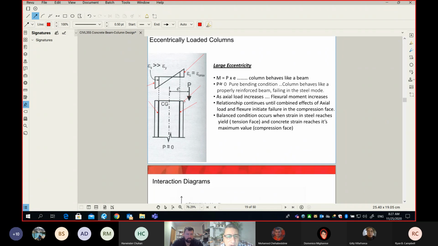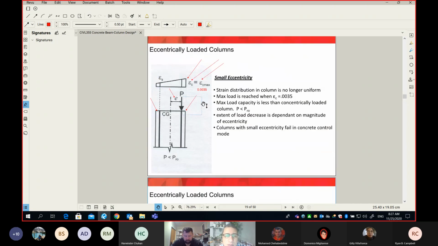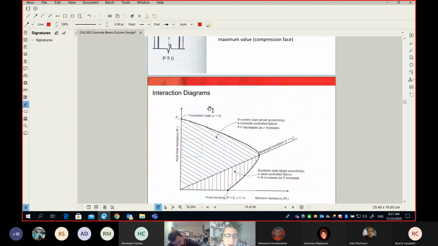Those fibers will be in compression. So this is very much like a beam. A column with large eccentricity will behave like a beam. A column with small eccentricity will behave like a column. Hopefully this is clear.